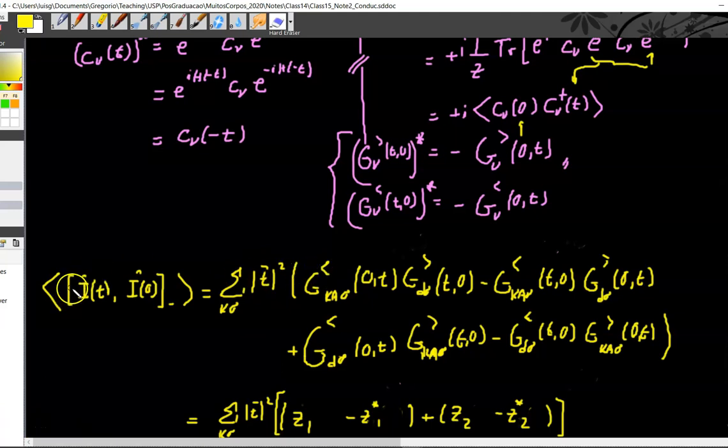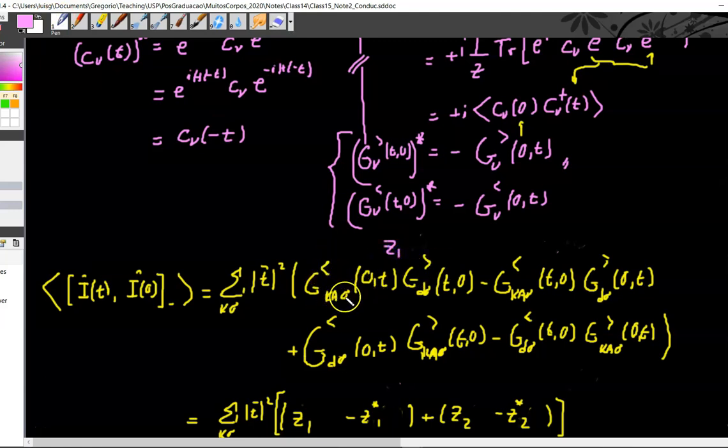Okay, so that's the commutator. And notice that I can write from this property, if this is a complex number, let's call it Z1.